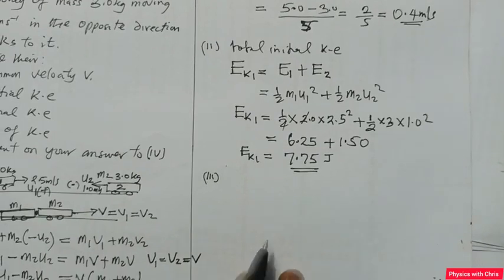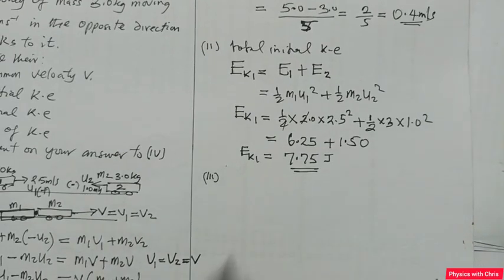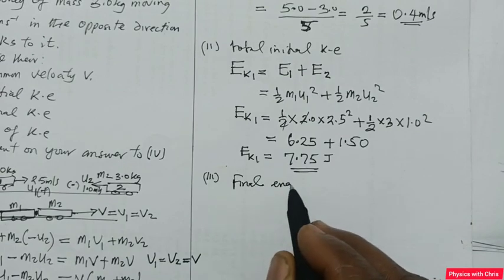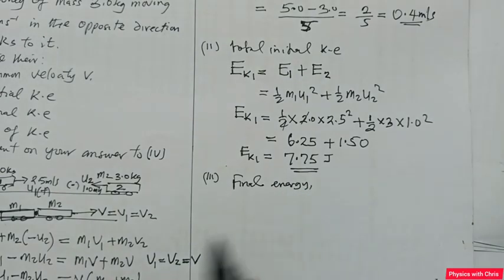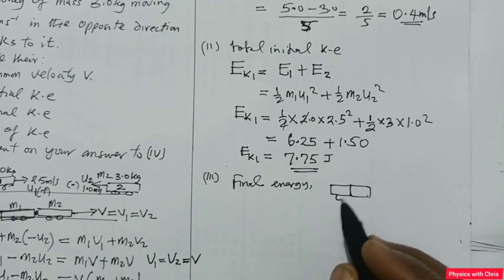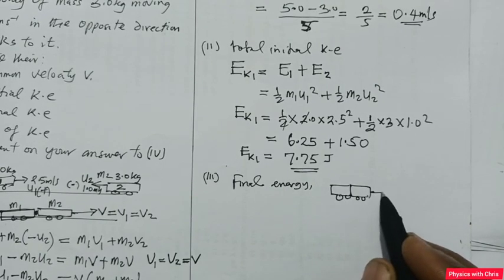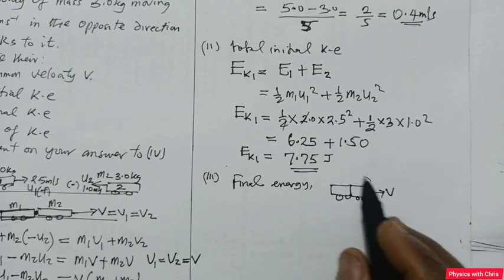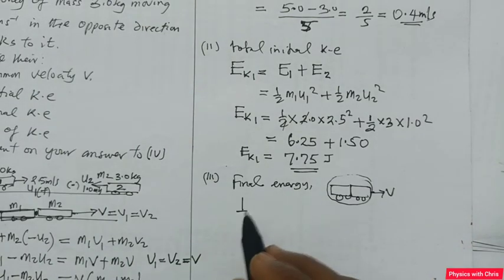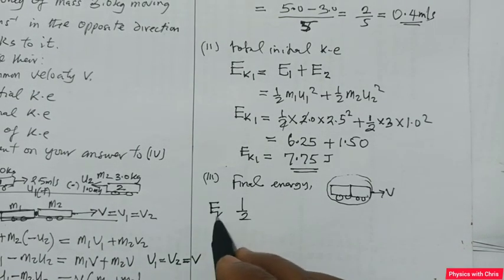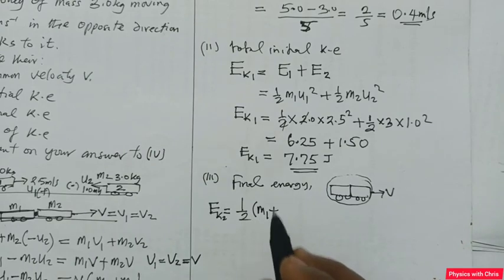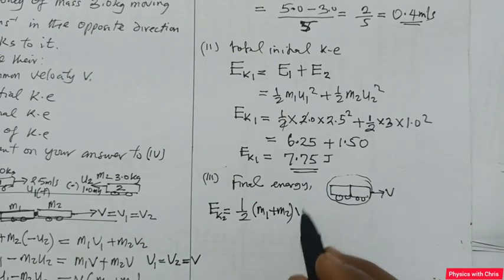Okay, now let's see the kinetic energy of the two trolleys after the impact. After the collision, what is their total final kinetic energy? Kinetic energy final, EK2. In this case, the two trolleys stick to each other like this, and they move on with a common speed v. It means that these two masses become one, and their KE becomes half times the total mass, m1 plus m2, times the common speed squared.